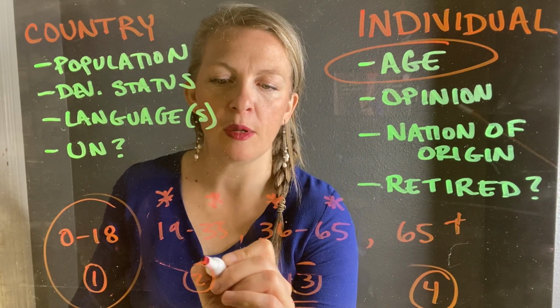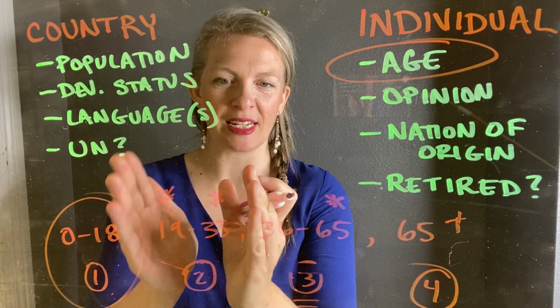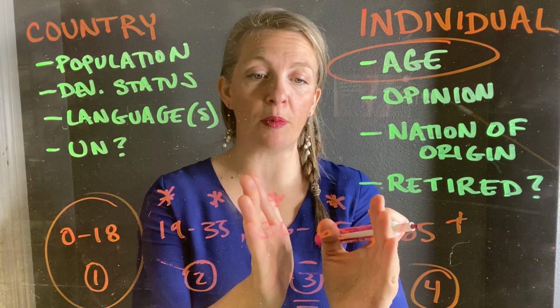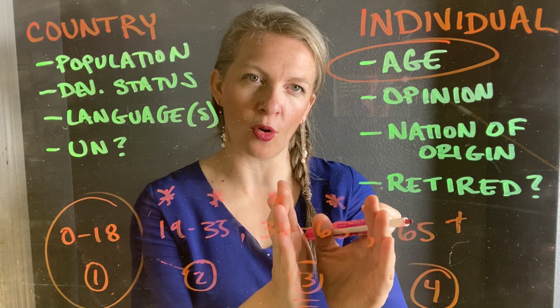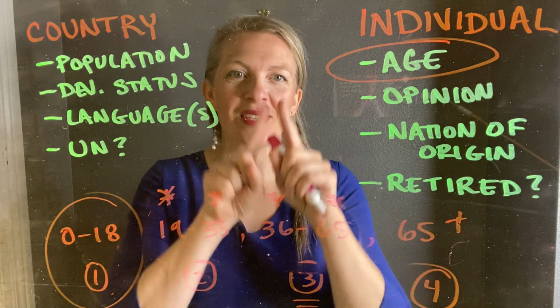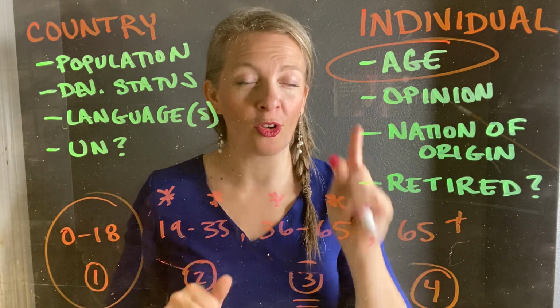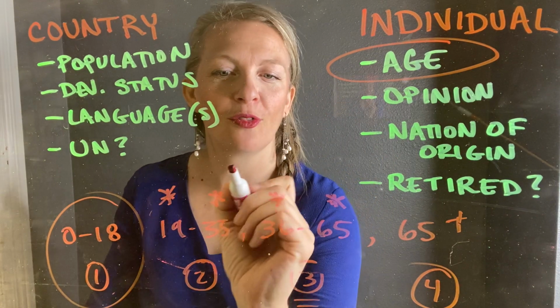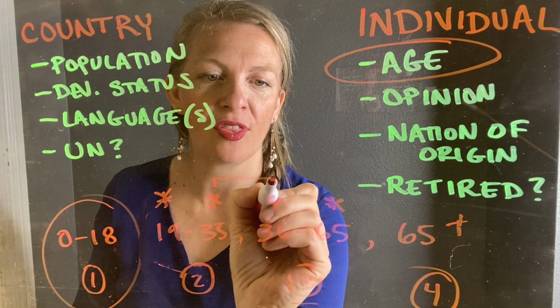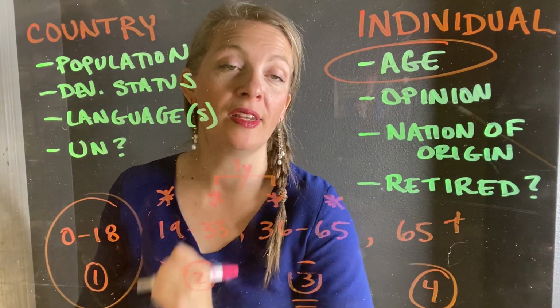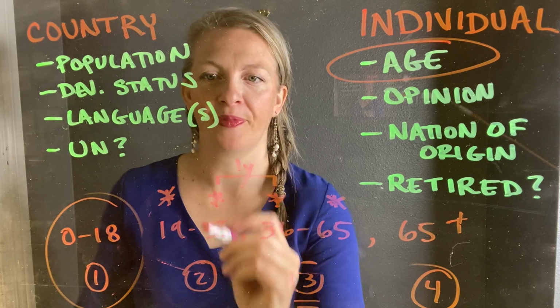Well, I have 2 people in category 2, this 19 to 35 category, and I have 2 people in my 36 to 65 category. But does that mean that they are the same distance apart from one another? No, it doesn't. For example, my 35 and 36-year-old are 1 year apart from one another.